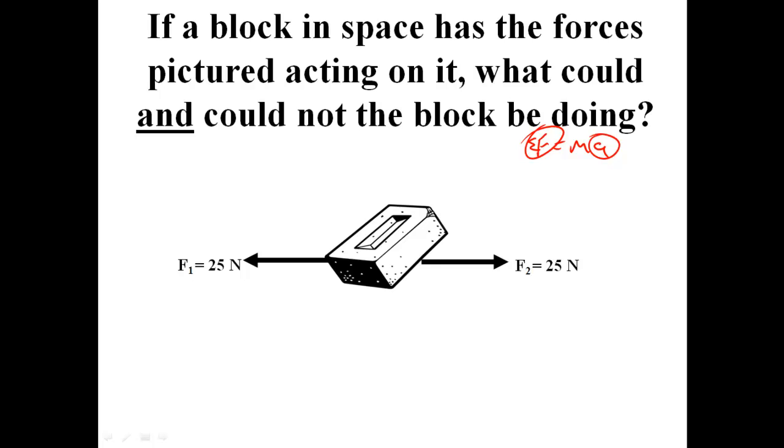What's the net force? Yeah, 0. So is it accelerating? No. In other words, this block could be sitting there motionless. It's not accelerating. It could be moving at a constant speed. That's not accelerating, in any direction, just not changing direction.